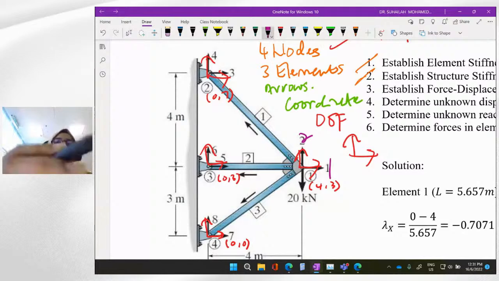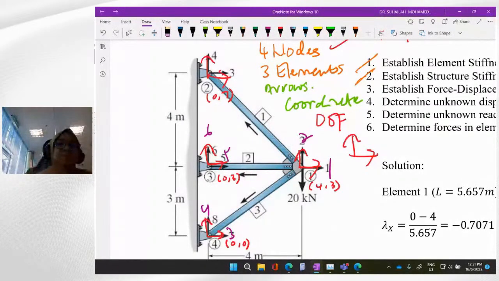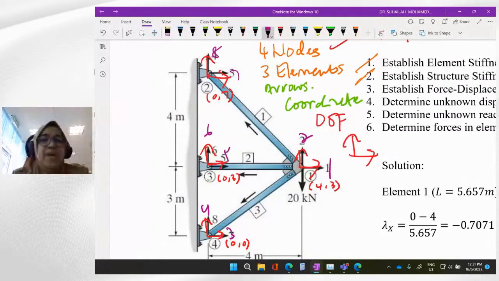We can label 3, 4, 5, 6, 7, 8 like this. Or actually we can label 3 from here, 3, 4, 5, 6, 7, 8. If the numbering is not given, we have to number the degree of freedom in the diagram.